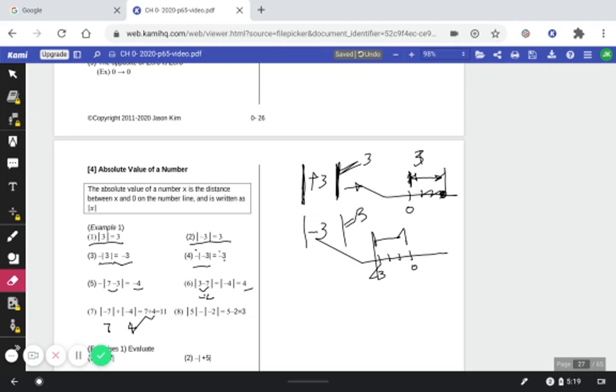In that case, the absolute value of 5 is 5, so you write 5 there. And then minus the absolute value of negative 2, which becomes 2. So 5 minus 2 becomes 3. So the final answer of this operation is 3. Okay.